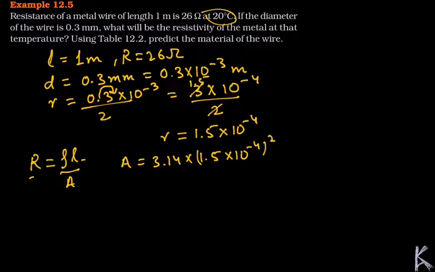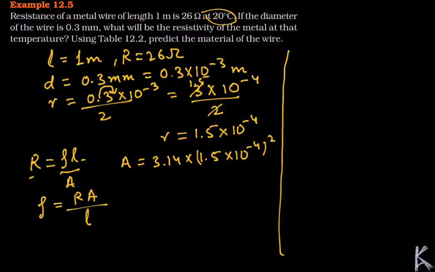Okay, and solving this question, we have to calculate the rho value. Rho will be R A by L. Then R is 26, as it is given, and A will be 3.14 into 1.5 into 1.5, means 2.25, into 10 power minus 8.